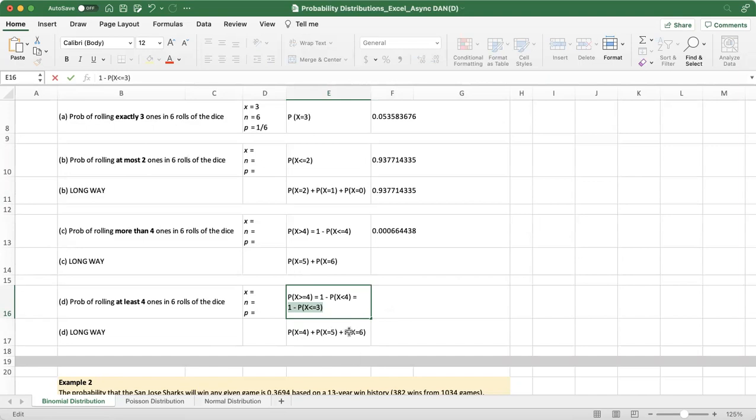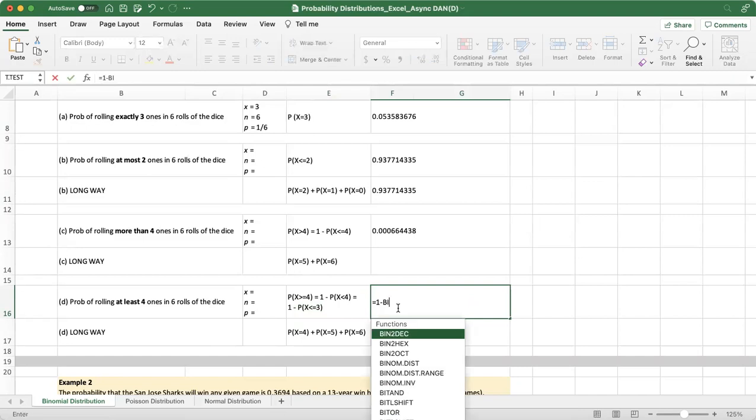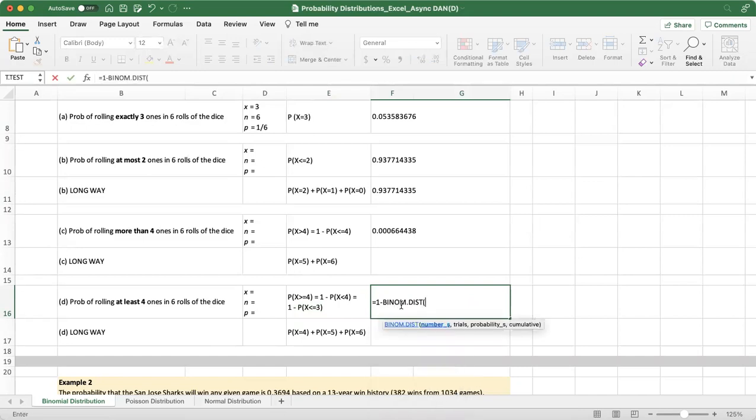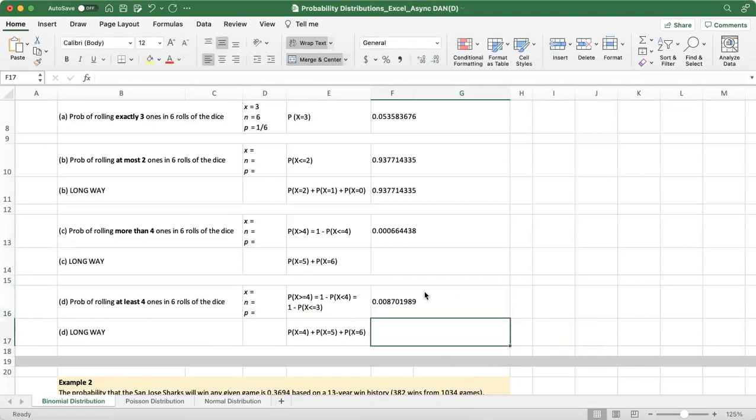And these two are equivalent expressions. And therefore the answer is 1 minus binom.dist 3, 6, 1 by 6, true. That's your answer, and I'll encourage you to compute this the long way and check as well.